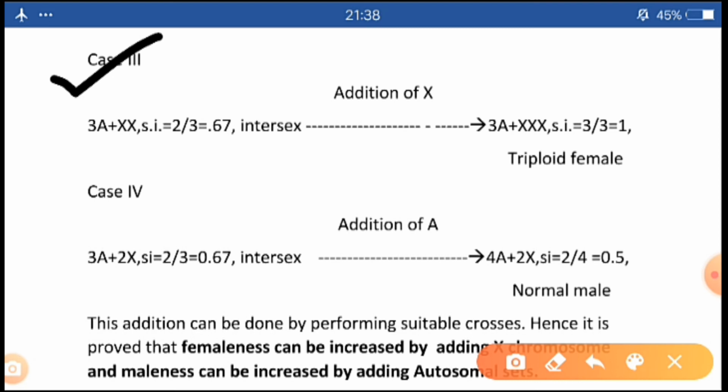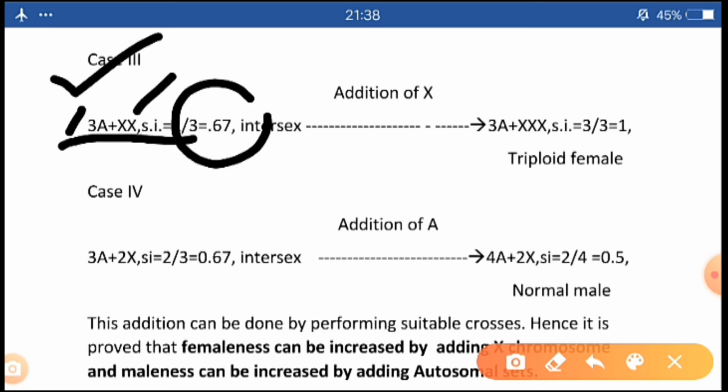Now, let us study another case. The case number 3. Here the genotype is 3A plus XX. So the index is 2 divided by 3, 0.67, and 0.67 is intersex.